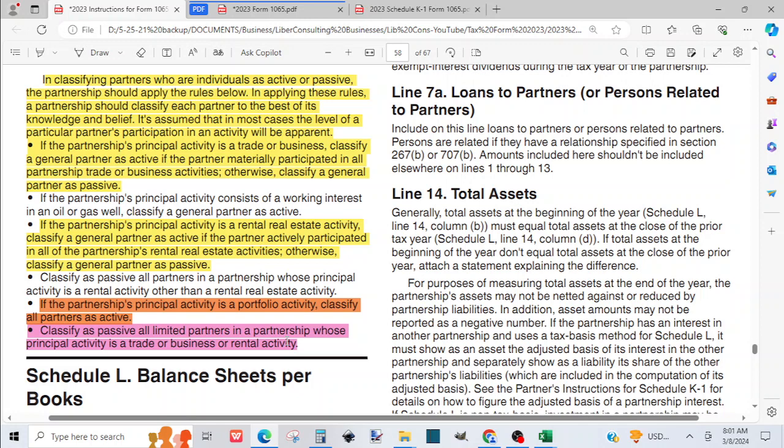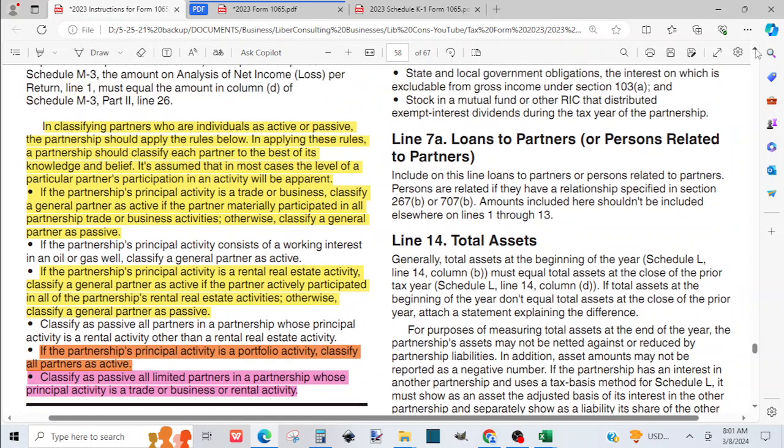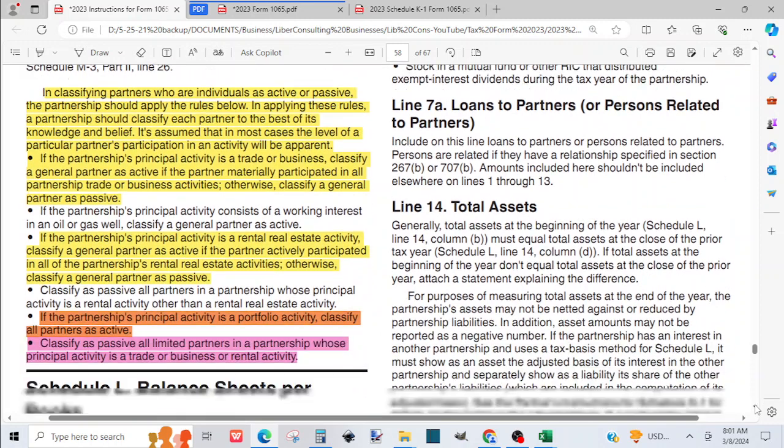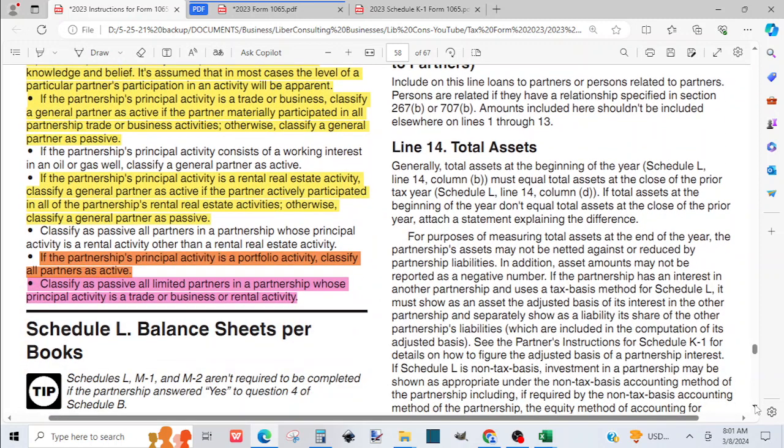So if they want all LLC members to be considered as limited partners by putting their numbers on the limited partner line, if those members actively, materially participate in the business, saying to put their numbers underneath passive, I've found a little bit weird.